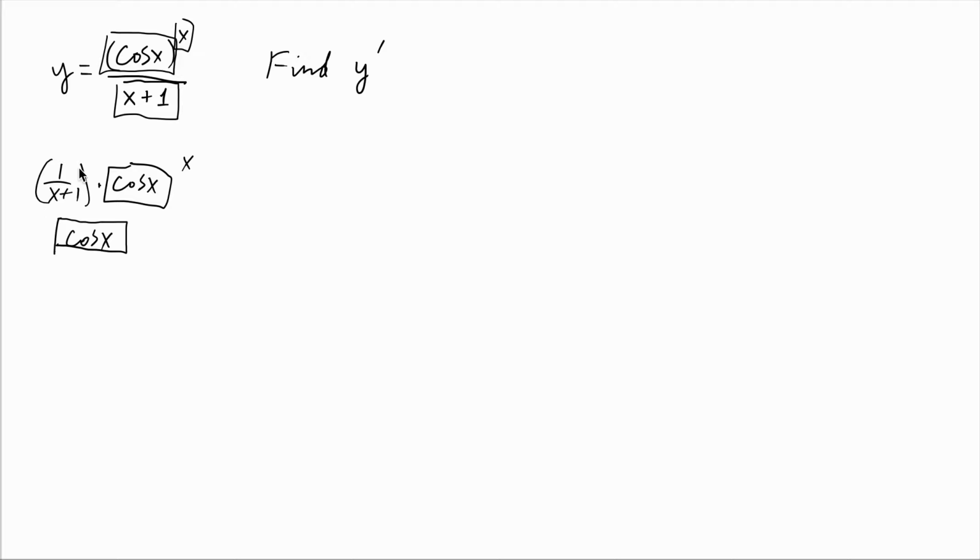So this constant, 1 over x plus 1, stays out there. This power comes down, normal power rule: x times cosine x raised to the x minus 1.